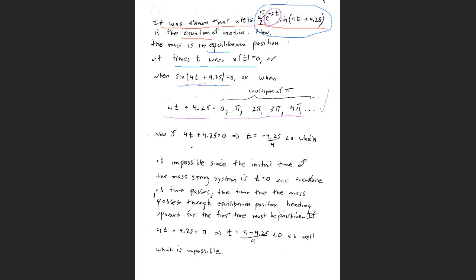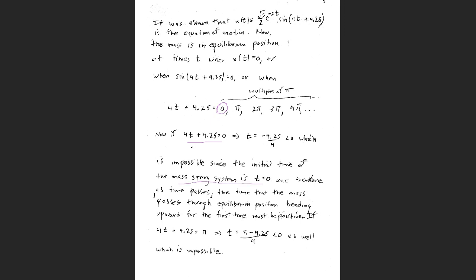So, I'm going to try to solve for the time when the angle is equal to 0. Well, if 4t plus 4.25 equals 0, t is going to be negative. But that's impossible, because the initial time of the mass spring system is t equals 0.